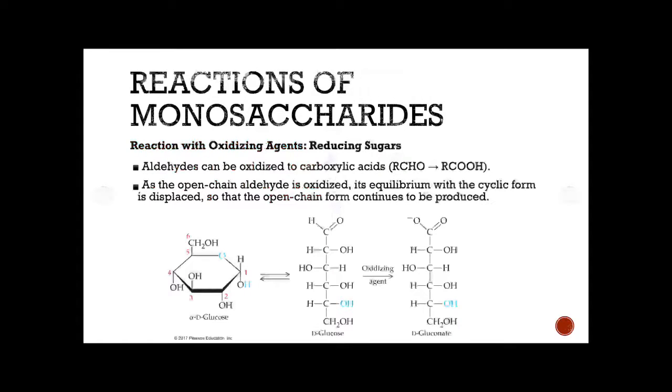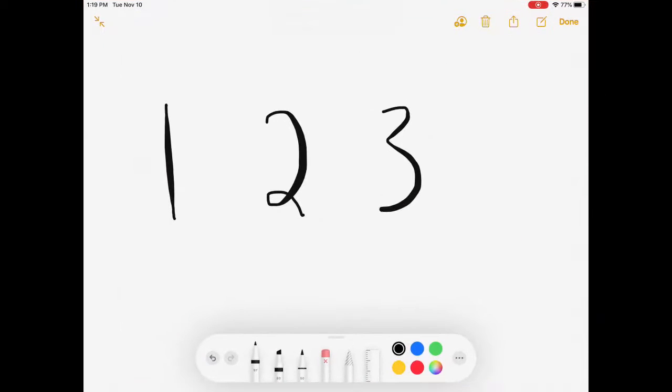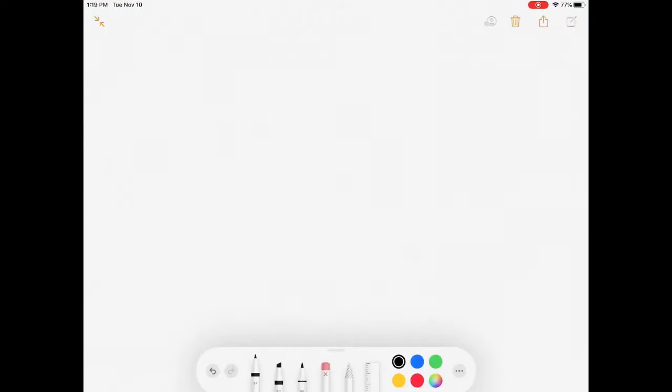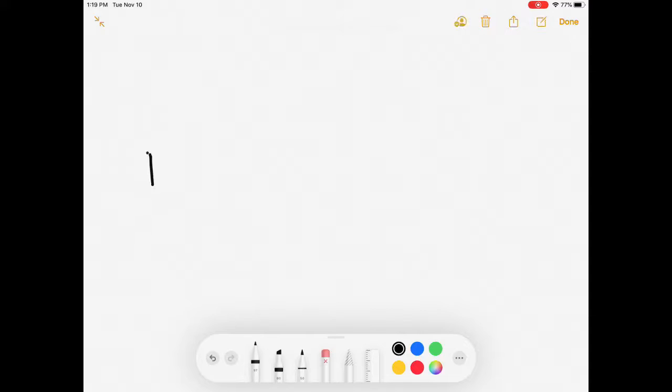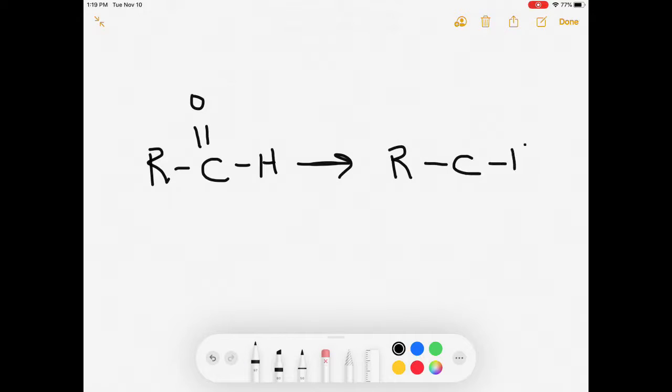Okay, so now we're going to look at reactions of monosaccharides. The first one we already know about. It's a reaction with oxidizing agents. We know previously that when an aldehyde is oxidized, so here's an aldehyde, when it's oxidized, it produces a carboxylic acid.